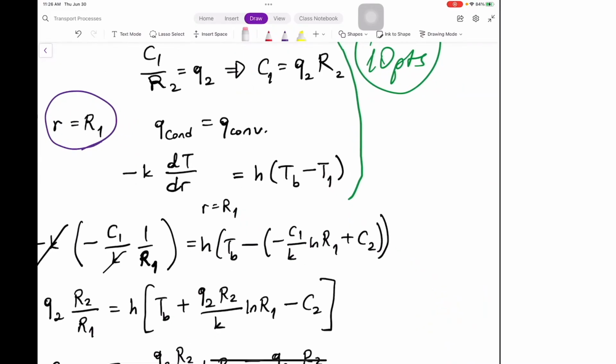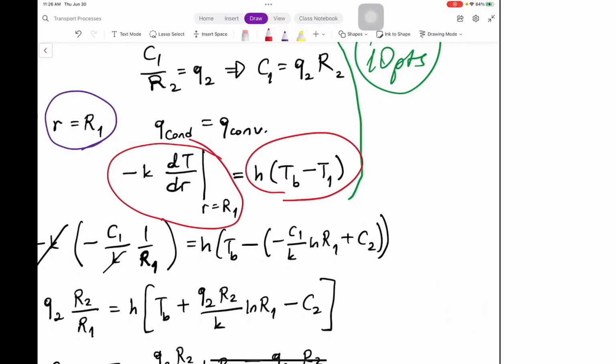So this is the conduction at R is equal to R1. This is the convection. We use the convention that plus direction is towards outside, right? So this is going to be TB minus T1 to make this positive, TB minus T1.